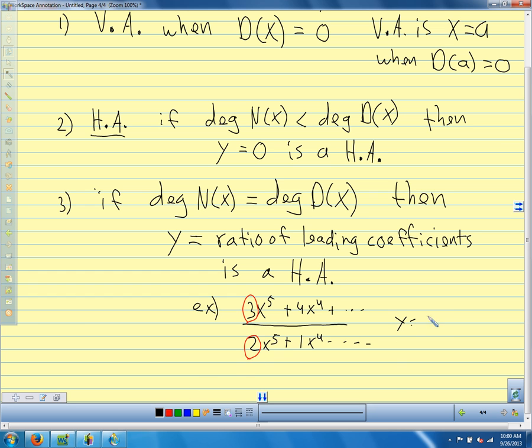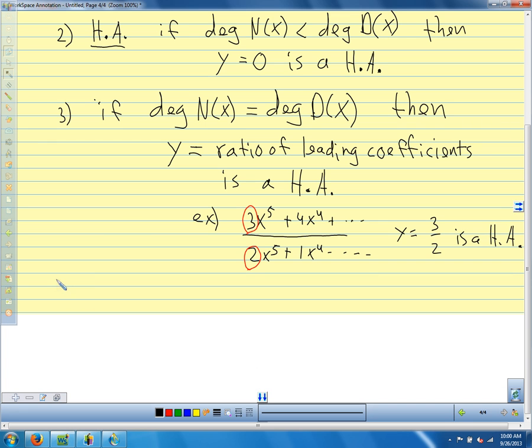So y equals 3/2 is a horizontal asymptote. So if our degrees are equal, we look at the number in front of the highest powers on our variable, and we say y equals 3/2 is a horizontal asymptote.